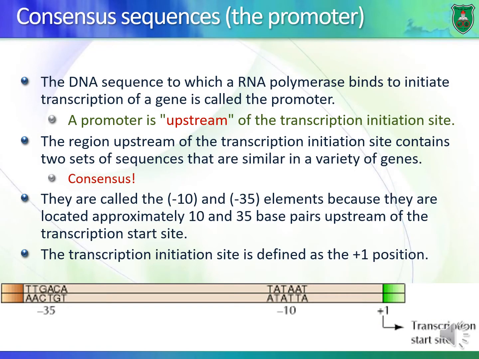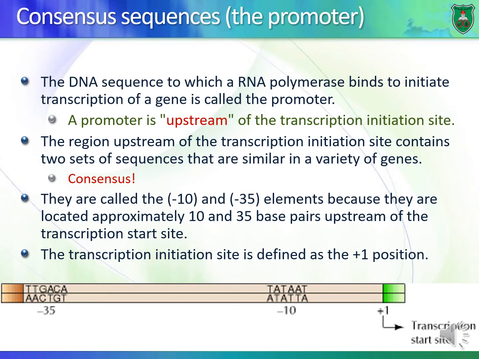So remember how I said that the beginning of a gene, and the strand that is used to synthesize this gene, is determined by the promoter. So what is a promoter? A promoter is the binding site of the RNA polymerase.